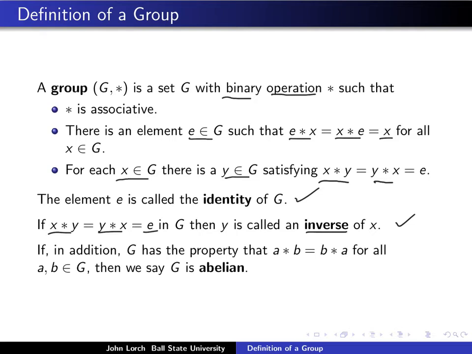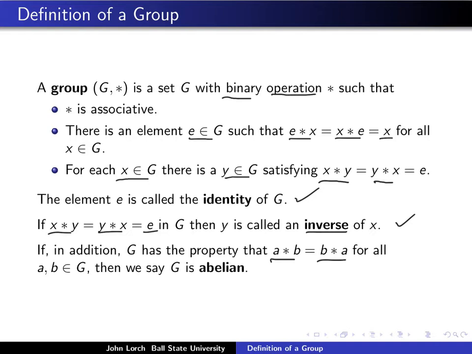All right, now occasionally we have the additional desirable property that the order in which we multiply things doesn't change the outcome of the calculation. In other words, sometimes it's true that A star B equals B star A for every A and B in our group.